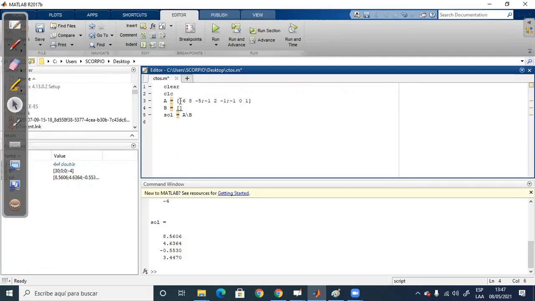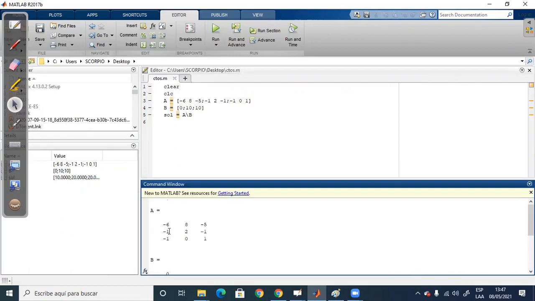Now matrix B is that of what is on the other side, which would be 0, 10, 10.